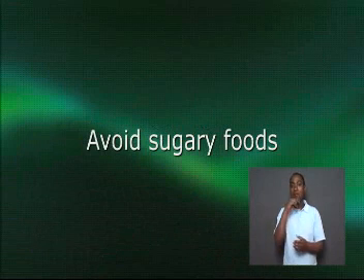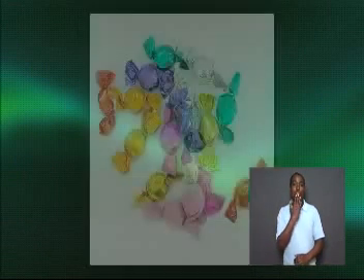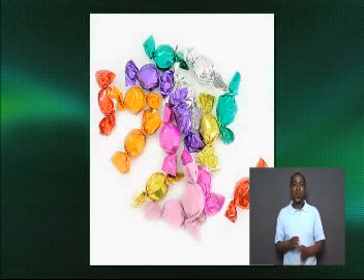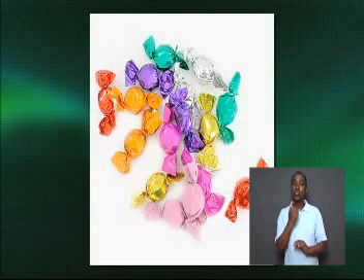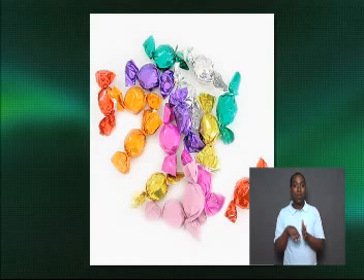Second, sugary foods should be avoided. If bacteria in the mouth are deprived of sugar, they are unable to produce acidic waste in the mouth, therefore reducing the chance of tooth decay.